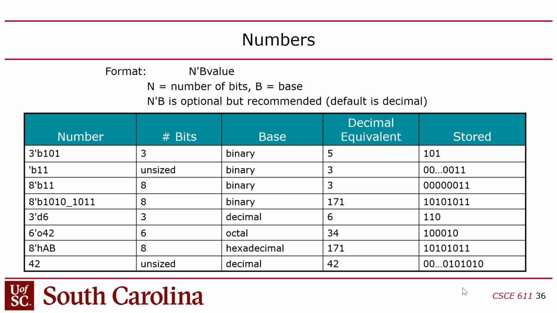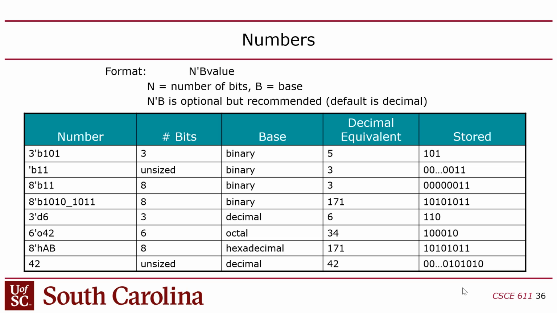You can also use underscore, which is ignored by the compiler, but it's useful for separating bit fields if you have a number with different bit fields. Now, if you don't put that and you just put the number 42, the default base is decimal, which is pretty common in programming languages.